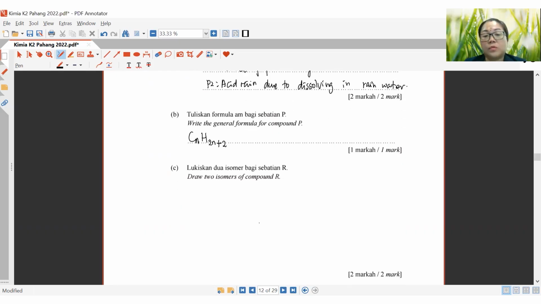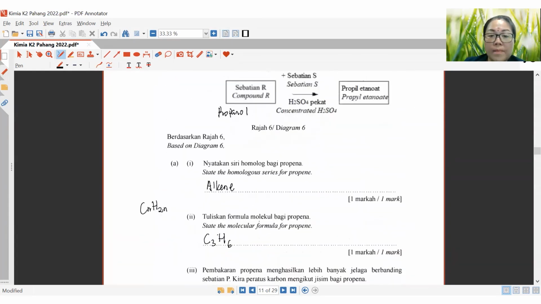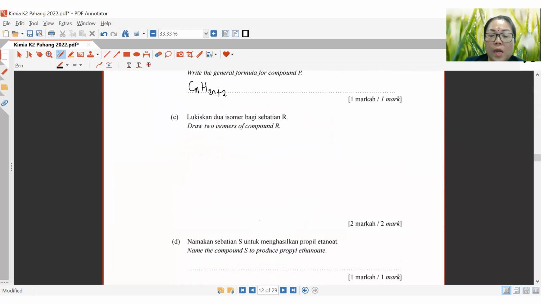Okay, now draw two isomers of compound R. Compound R is a propanol. So what I would like to do normally, if you are asked isomer, I will always shift the functional group first. Okay, so first we have this one.